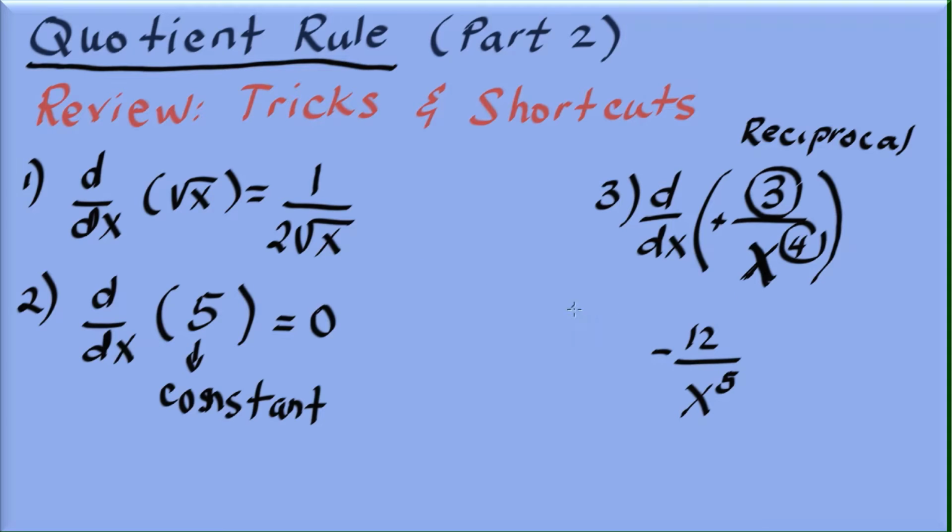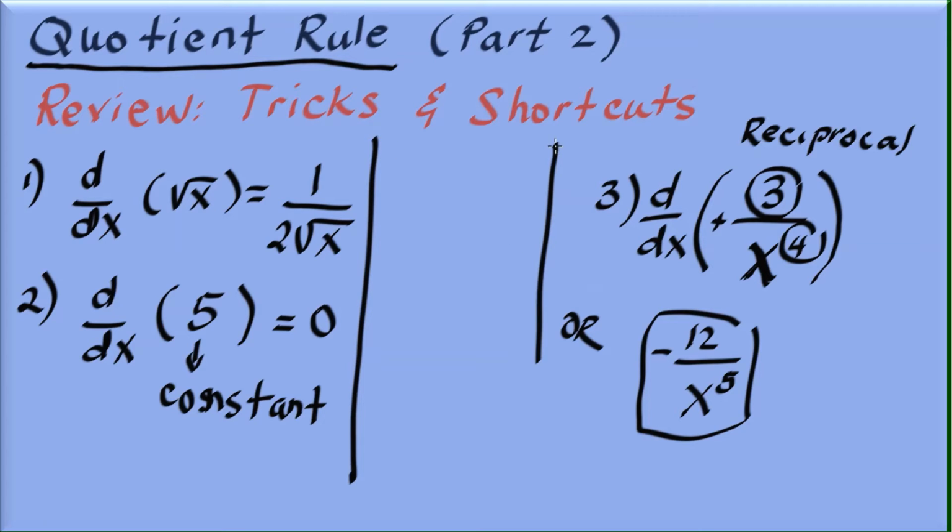Or you can also bring up this x to the fourth, so that variable x, when you bring this x to the 4 on top, it makes a 3x to the negative 4, okay? And the derivative of this is now going to be using the power rule. So this is no longer a quotient rule problem, okay?